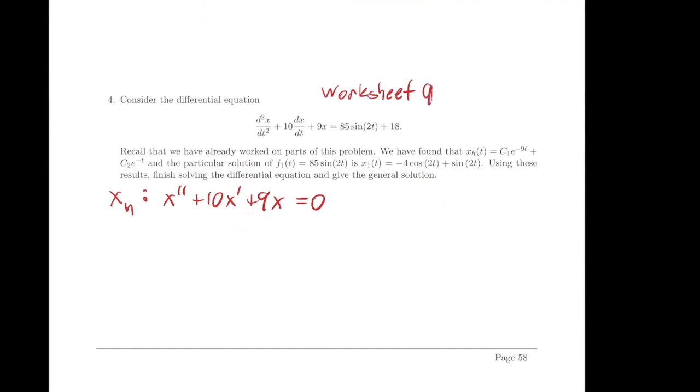In worksheet 9, we did the homogeneous solution. This characteristic equation has roots of -1 and -9. So that's where this homogeneous solution of C1 e to the -9t plus C2 e to the -t comes from.